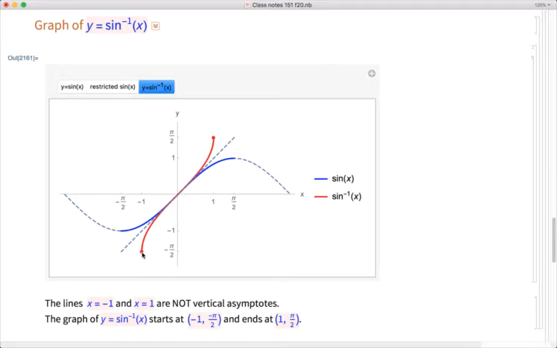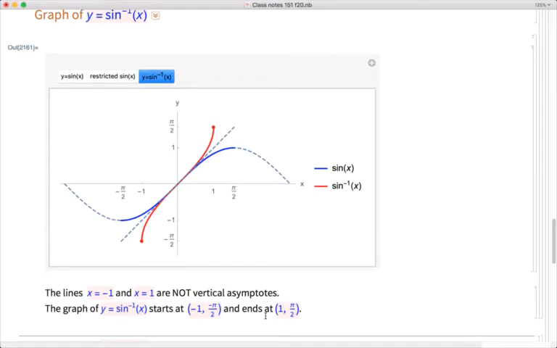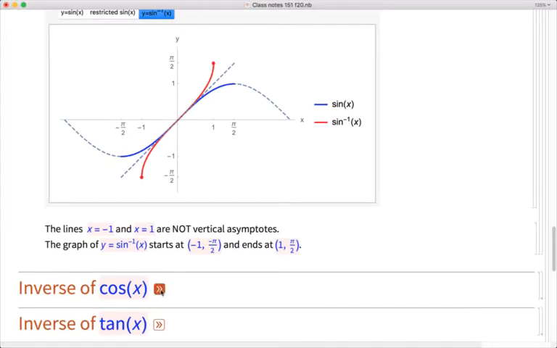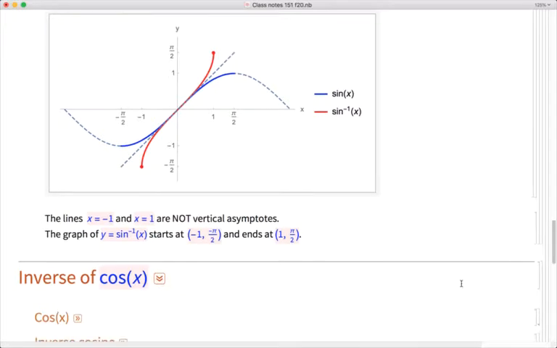It starts at minus 1, negative pi over 2, and it looks almost exactly like y equals x for a little while, and then it's going to pop up here and end exactly at 1 comma pi over 2. Okay, not vertical asymptotes. Very important to catch that. Okay, so we'll go through cosine and tangent in the same way.